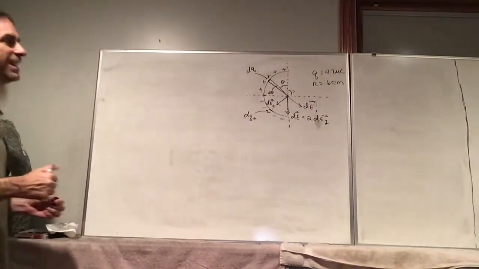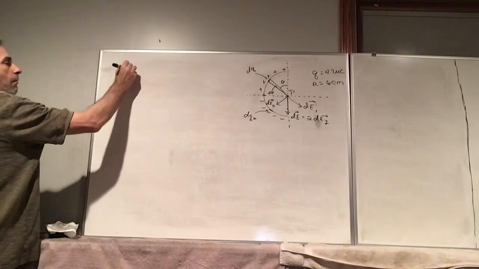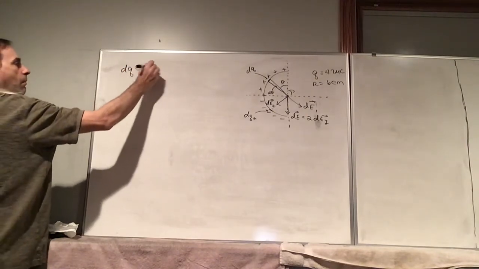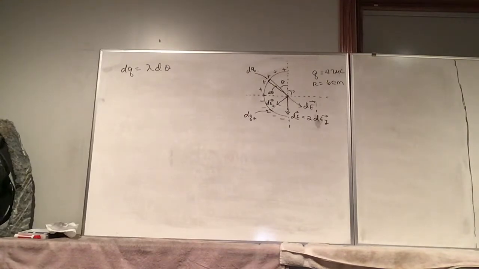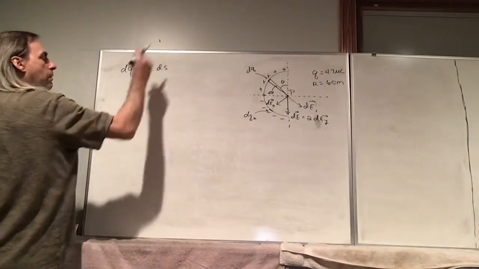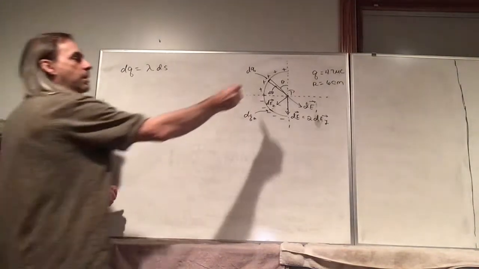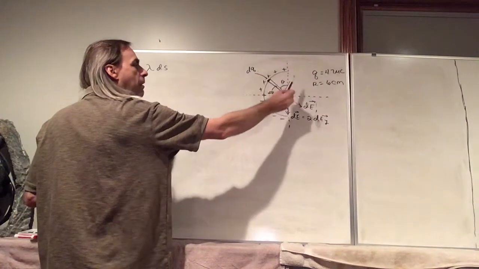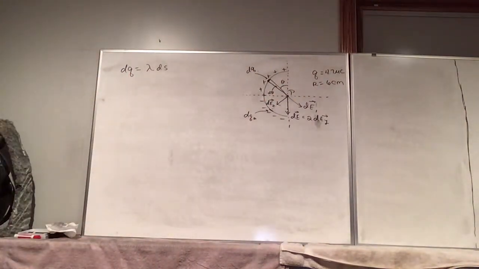So first off, dq is going to be lambda ds, where ds is the arc length. So this segment here that goes through an angle d theta has a length ds.